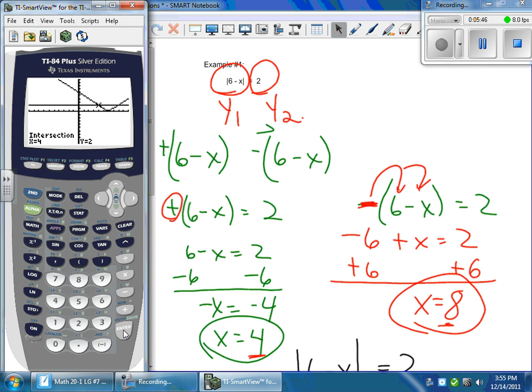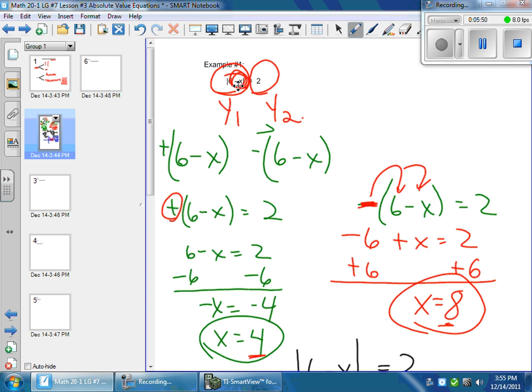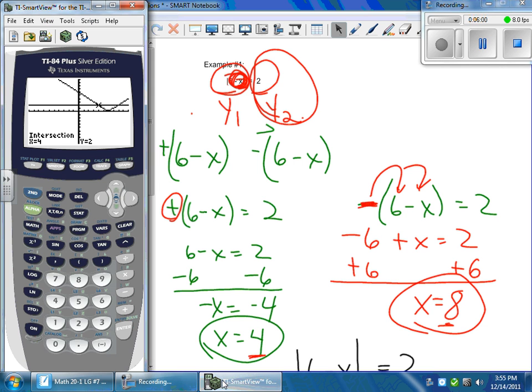So what are you interested in? Well, if you look back here, all of this was in terms of x. So you don't care what the y value is, because your y value, you know, is 2. So give the x value. The x value in this case is 4. So now you have a way of verifying if you've got the right answer or not. Find the other one.